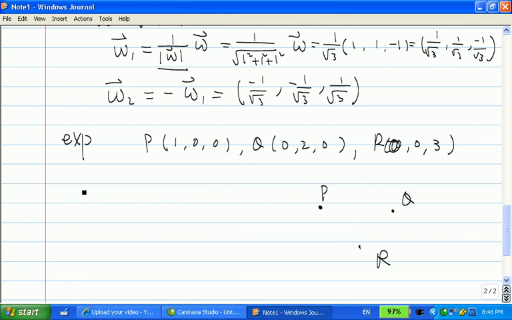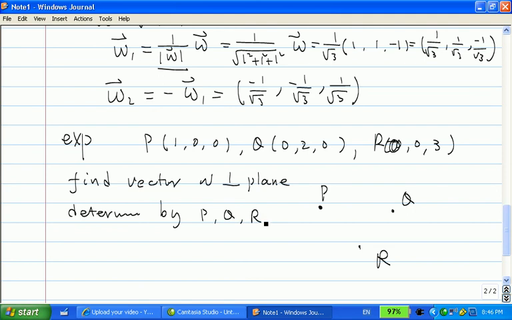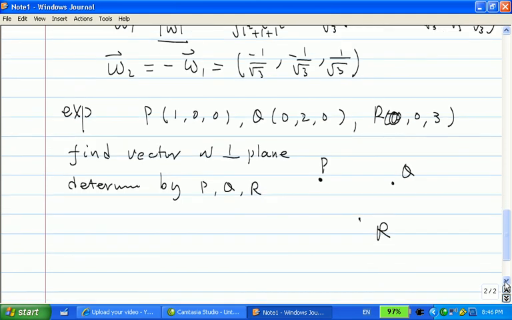Okay, we want to find a vector, say W, perpendicular to the plane determined by the 3 points P, Q, and R. So how do we find such a vector?